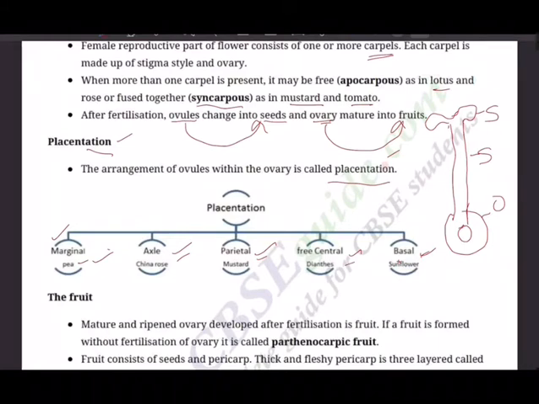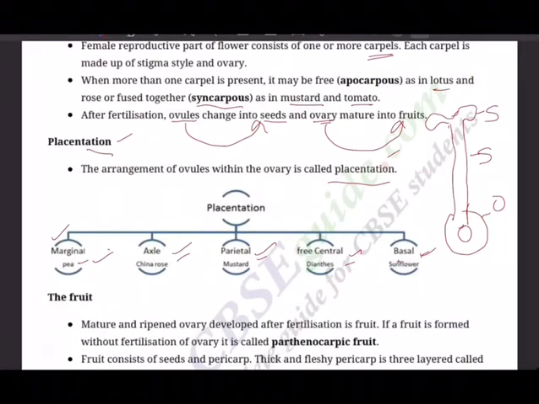So this is how we describe various types of placentations, and we go ahead with the next concept, that is fruit. So basically, what is a fruit? We were talking about the matured ovary becoming a fruit.